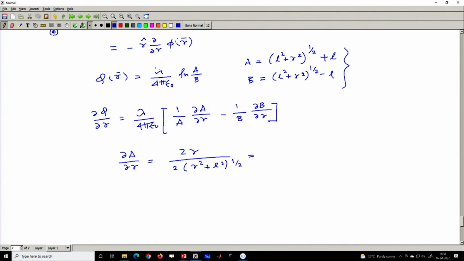Because of the negative sign and the constant, this quantity is simply equal to del B del R.